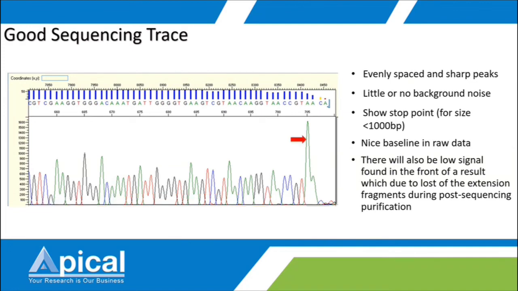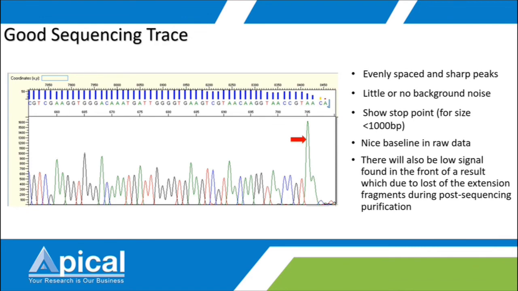It is a stop point generated by the polymerase in the sequencing reaction. But for the 16S gene, you will not see this, because the full length PCR product size is 1.5 kb, while a single sequencing read can go up to around 1 kb, or if you're lucky, 1.1 or 1.2 kb.